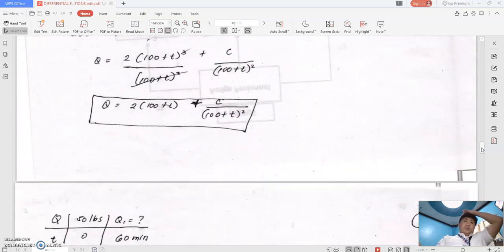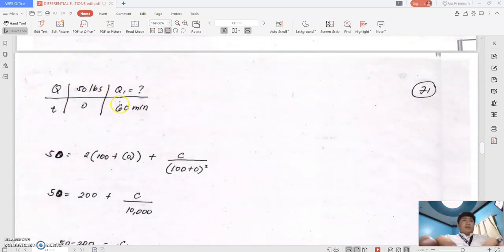So that is 50 pounds of salt initially dissolved in the water that becomes a brine solution, then a time minute. Then the question is after an hour, which is 60 minutes, what will be the salt remaining, or what will be the salt after an hour?